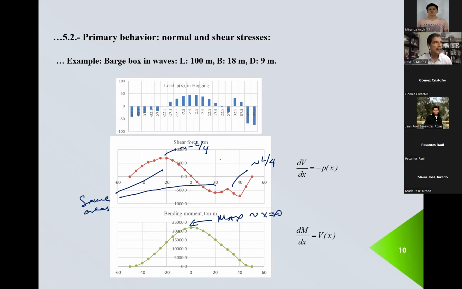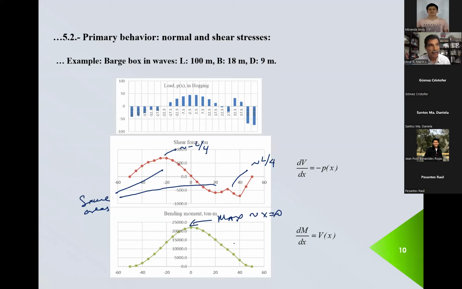Comments, people? Any comments? Doctor, but at the end, the moment isn't 0. Yeah, that's because the integration gives us some problems. But you see that the result, even though it's not 0, is very small.